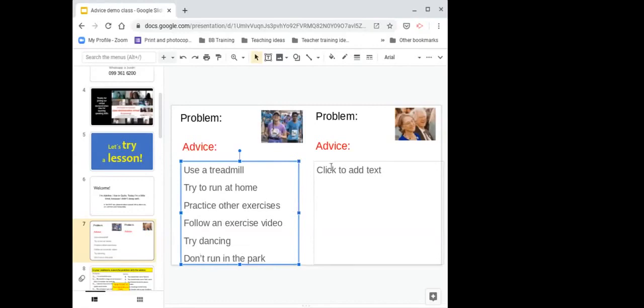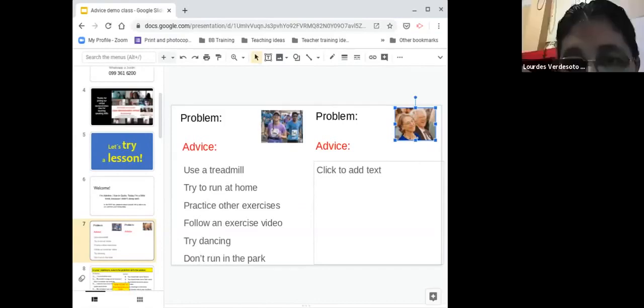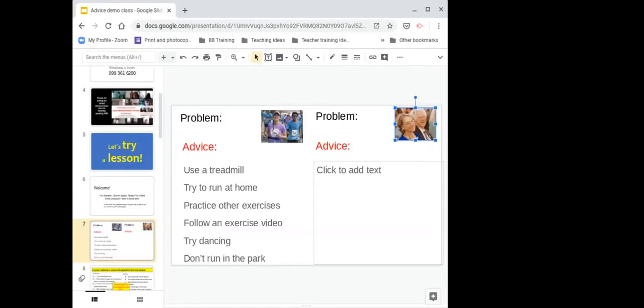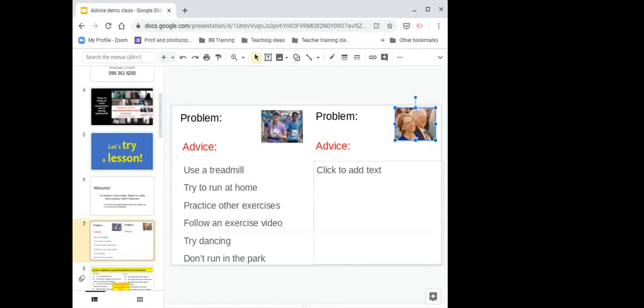Okay, so that is one problem that I have. I have another problem. Look at this picture, the second picture. What do you see? They are seniors? Yeah, seniors. Yeah. Who are they? Any ideas? They're seniors and they're my parents, my mom and my dad.